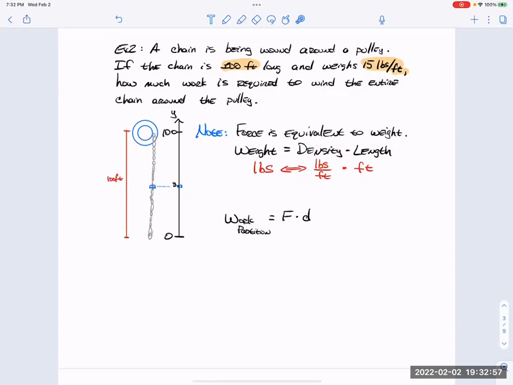If you multiply by feet, which is its length, you'd get the total weight. So if you know the density of the chain in pounds per foot, and you have a certain length of chain, and you multiply density times length, you will get the weight, which is the force. That's a little tricky here.